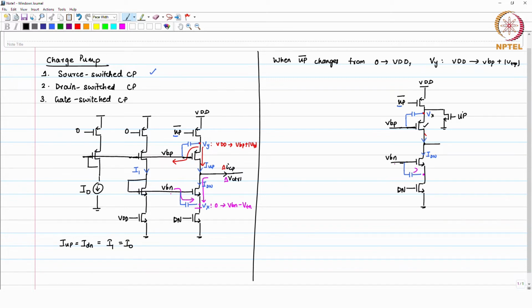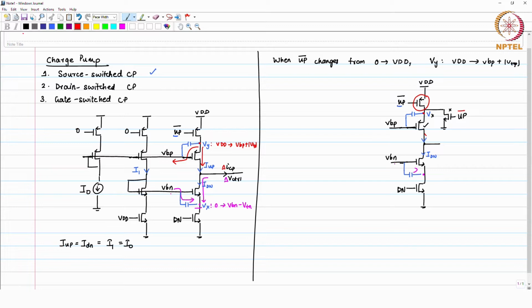When up is equal to 0, that time this is turned off. When up is equal to 1, at that particular time, this MOSFET is active when up signal is 1. So, this is actually working on up bar itself.